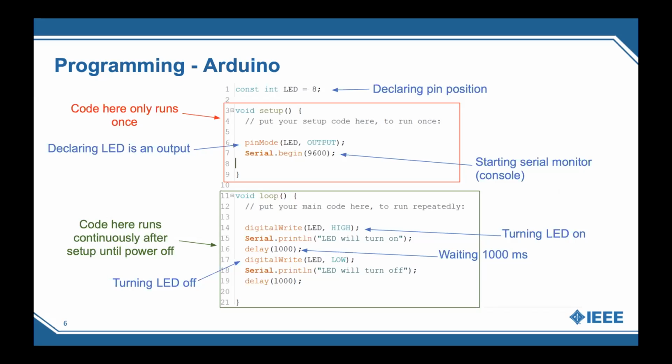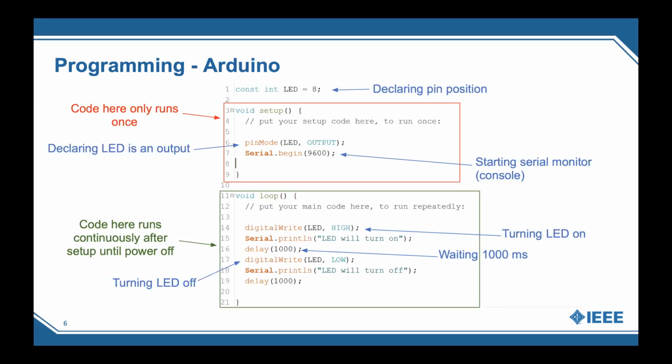So right here we digitalWrite LED high, and this shouldn't be a built-in LED. Yeah, so we're declaring this is a variable LED. Then it's going to Serial.print "LED will turn on."